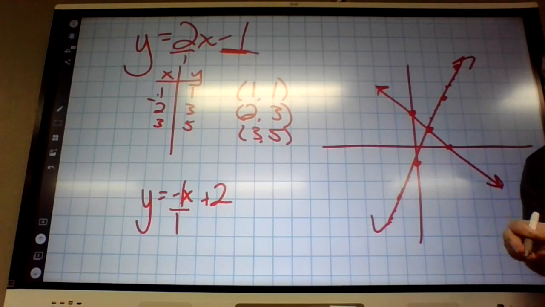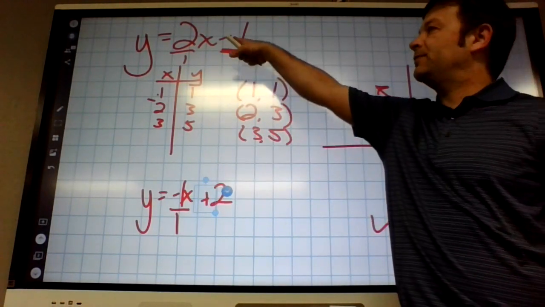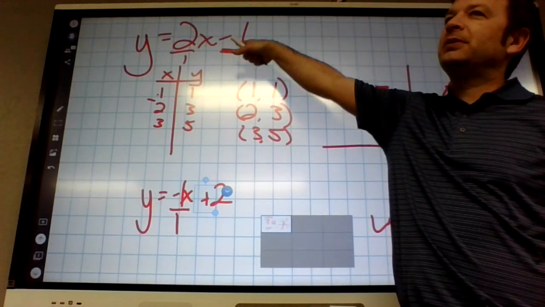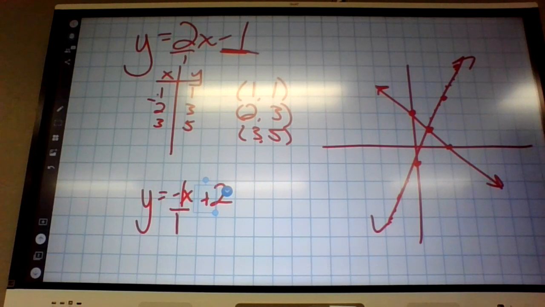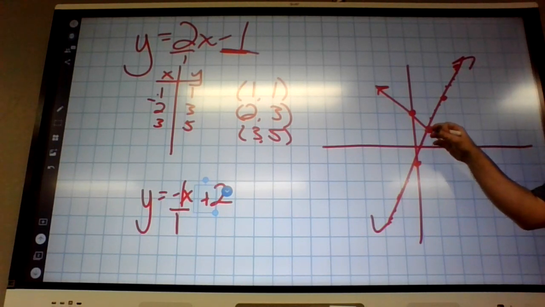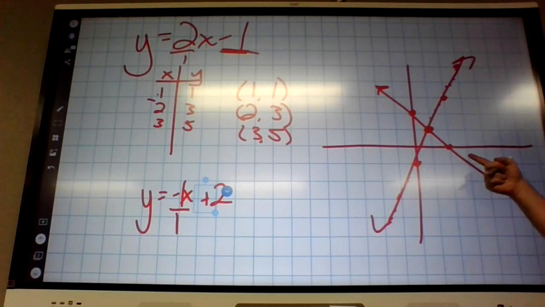Okay, now what we're doing in this chapter is how many solutions do these two both have in common? Infinite? No. There is one. How do you know there is one solution there? Okay, this one point of intersection represents a solution that works in this equation and this equation.